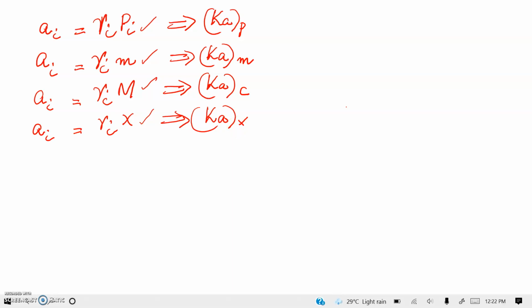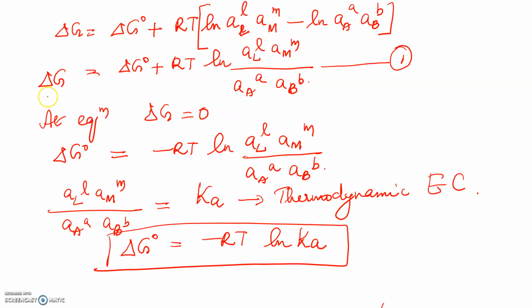Now, we have the equation delta G is equal to delta G0 plus RT ln of AL raised to l into AM raised to m by AA raised to a into AB raised to b. From this equation, we obtained an equation for delta G0 by putting delta G is equal to 0 at equilibrium.